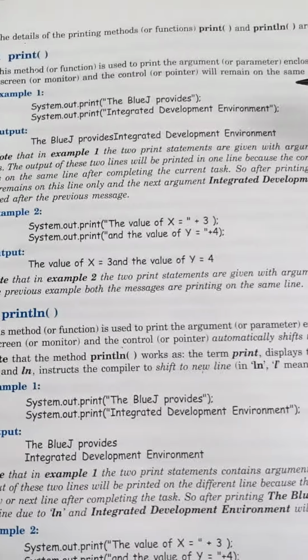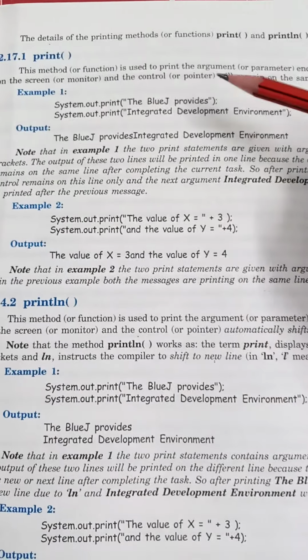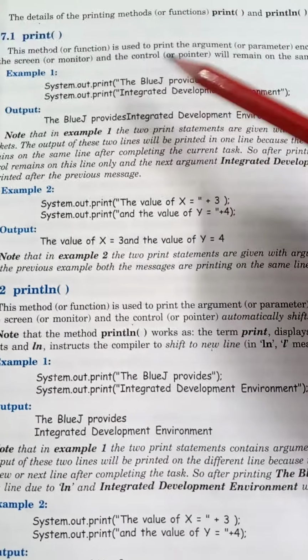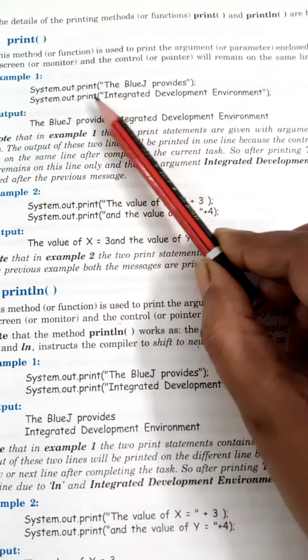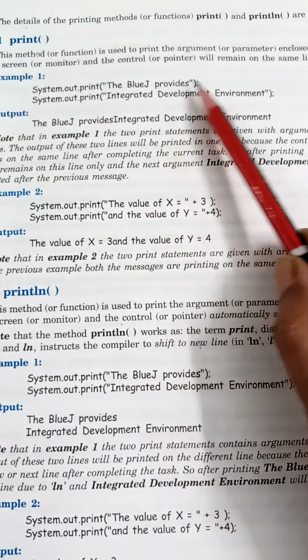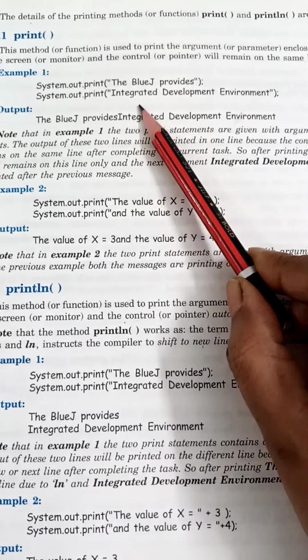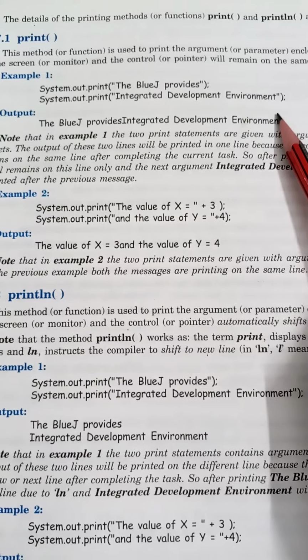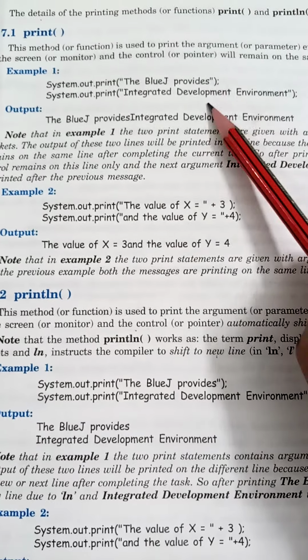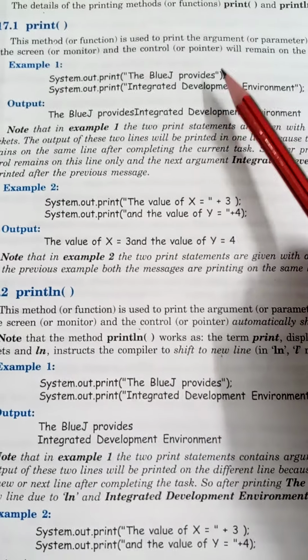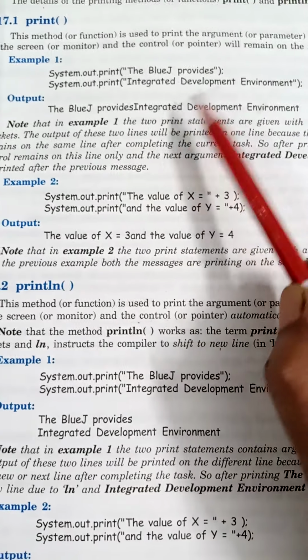Now come to the print and println methods. Suppose we have written two print statements in a Java program, for example, BlueJ provides an integrated development environment. What will be the output? This will print the messages on the same line like this.